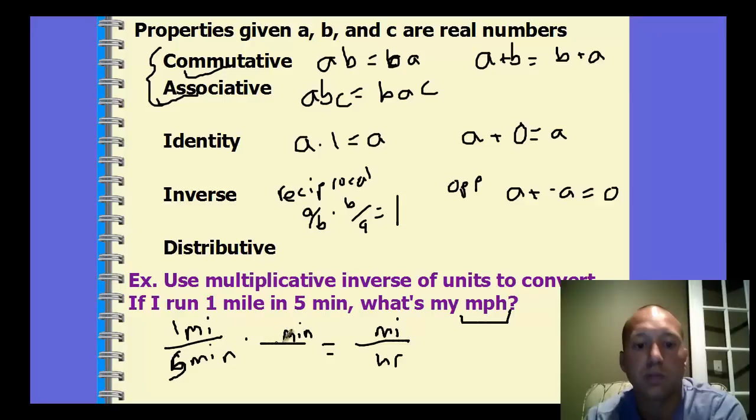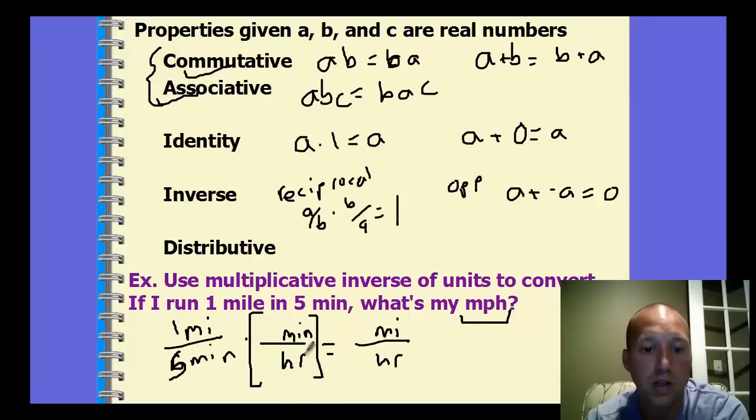Now I can't just multiply by anything I want. I have to multiply by a value of 1. So this fraction here has to have a value of 1. I can go from minutes to hours pretty easily if I know the equivalency that 60 minutes is in 1 hour. That's the same thing. So this fraction is actually equal to 1. I'm not changing the value, I'm changing the units.